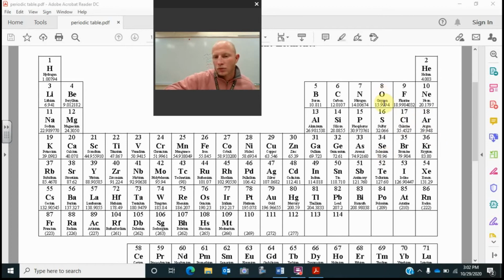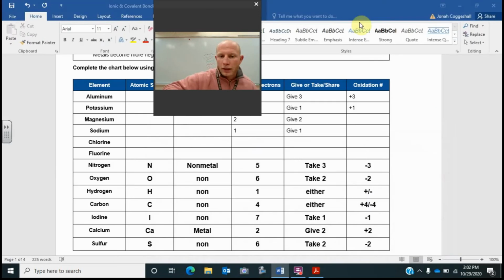Same thing, group 6 here: oxygen, sulfur, selenium, tellurium, and polonium. These will all gain 2 valence electrons, so they'll always be negatively charged ions when they do turn into ions. Nitrogen, phosphorus, these will go 1, 2, 3, become -3 charge, okay? So everybody wants to be that noble gas, okay?